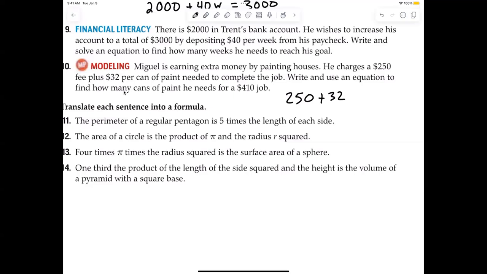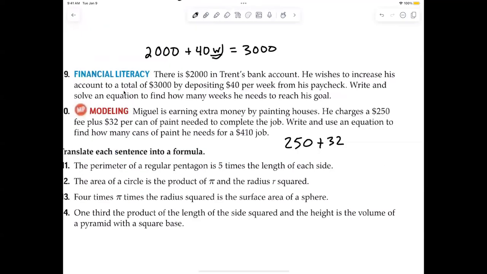So it's going to be 32 what? No, it's kind of like up here. We don't know how many weeks it's going to take, so we did 40W. Yes, 250 plus 32C, and I want to make how much? That's it, 410. Right, that's the equation. Don't worry about solving it.